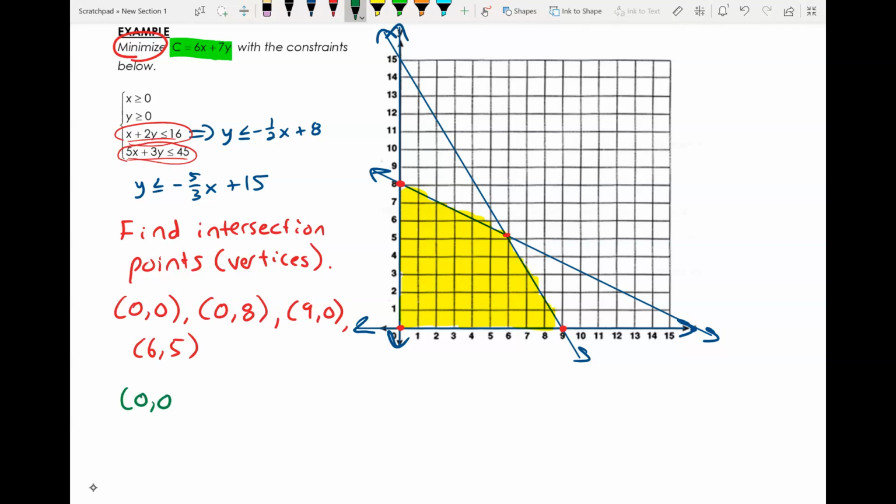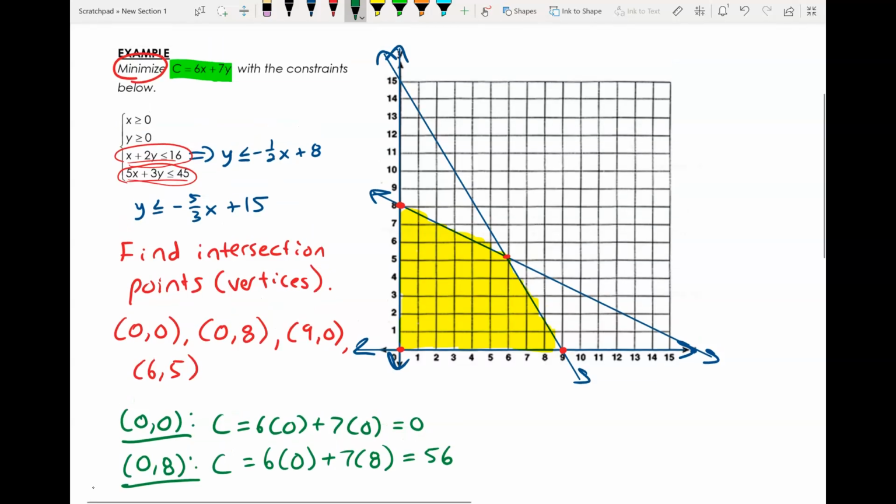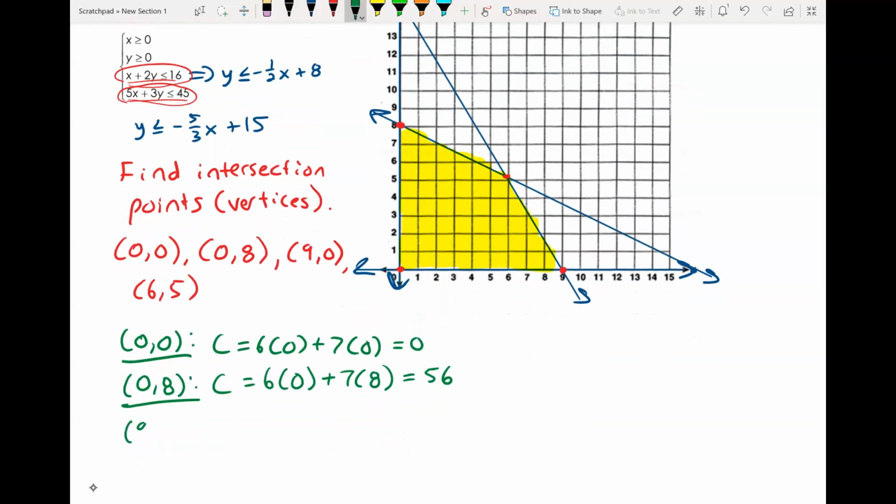So for 0, 0, c is 6x plus 7y is equal to 0. At 0, 8, c is 6 times 0 plus 7 times 8, that's 56. At 9, 0, c equals 6 times 9 plus 7 times 0, that's 54.